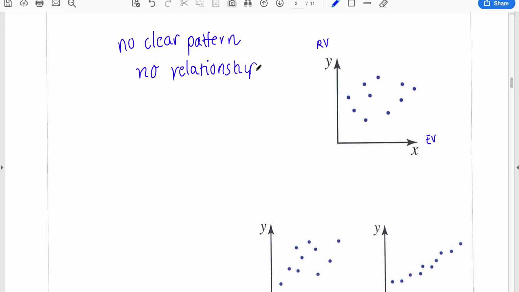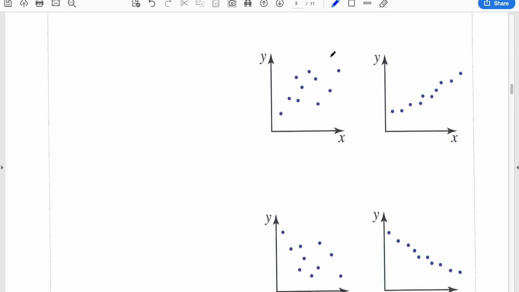And remember, there is a third word that you might come across, and that is correlation. So we don't seem to have a pattern with these two variables, whatever the EV and the RV happen to be. With the second two scatter plots that we've got here, we do actually have a bit of a pattern.